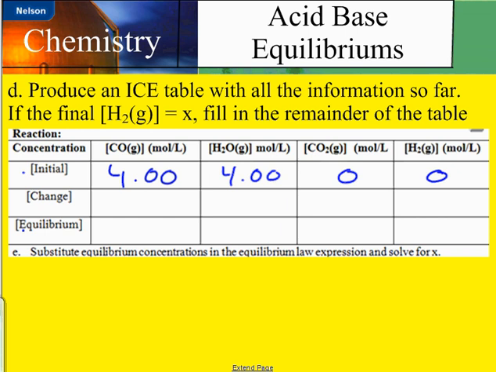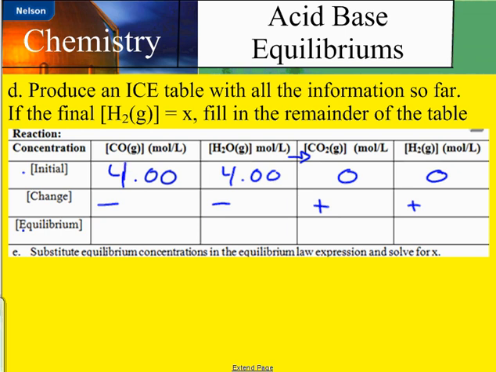So if there's no product to begin with, then we know the reaction has to go in the forward direction. So these are going to decrease by some amount, and my products are going to increase by some amount. But we don't know what that amount is.